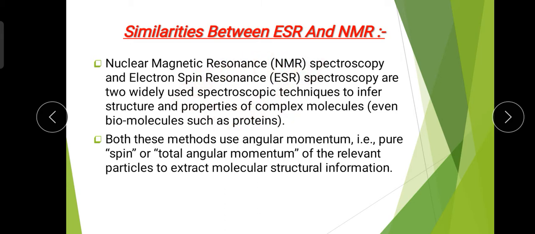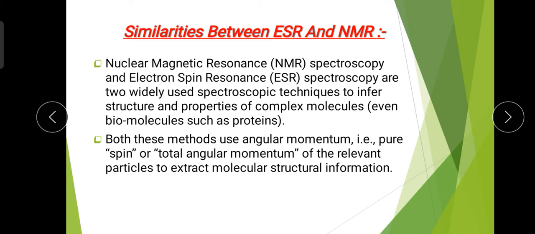The second similarity is that both these methods use angular momentum, that is pure spin or total angular momentum of relevant particles, to extract molecular structural information. That means in NMR or in ESR, if we have to investigate a particular sample, then we have to study the molecular structure of that sample, and this is done by studying the electron spin or the nuclear spin of that sample.